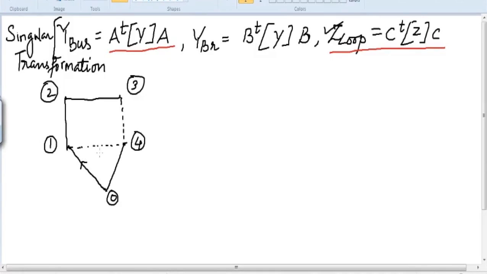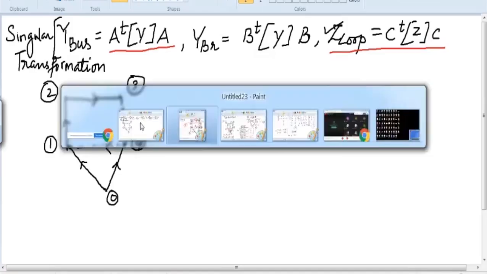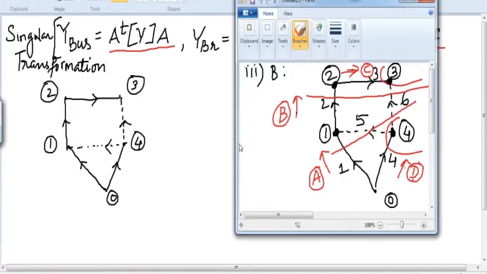Don't forget to cross-check the directions, because if the directions are wrong, then your entire solution may become wrong. So just cross-check the directions to see whether they are okay. Yes. Now let us put the names of the elements.